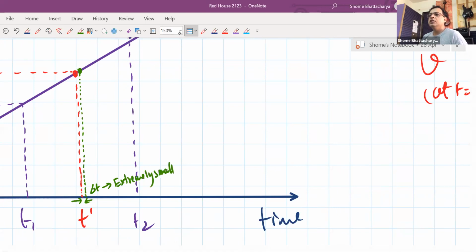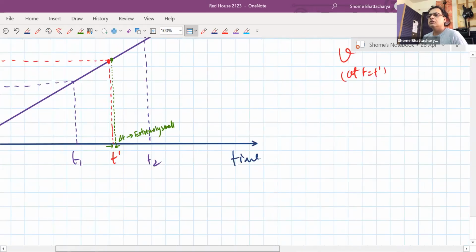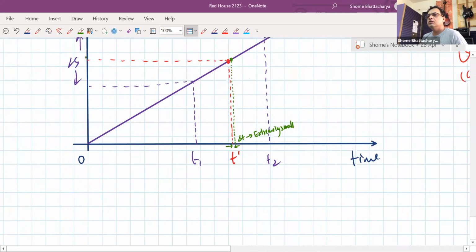Accordingly, during that very small interval of time, this quantity over here, delta s, will also become very small.